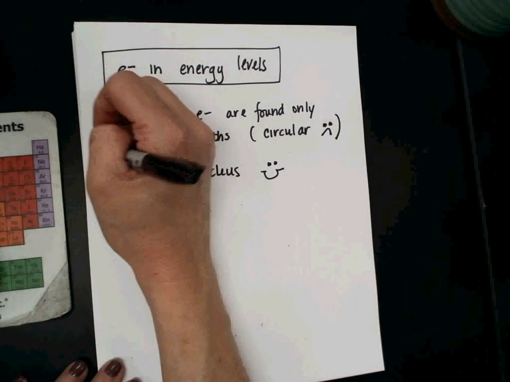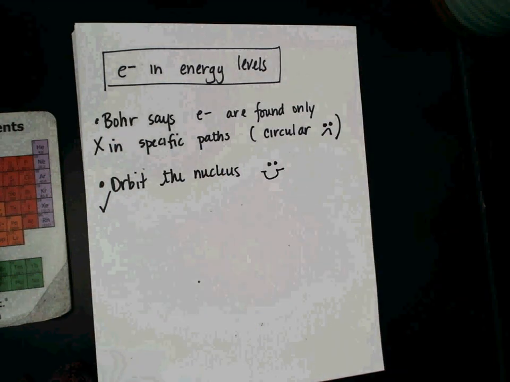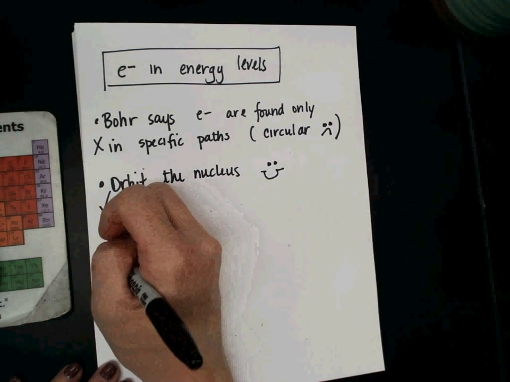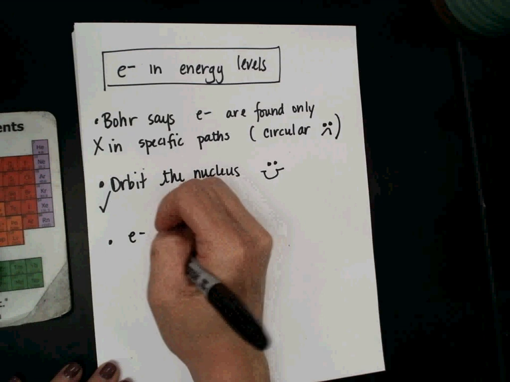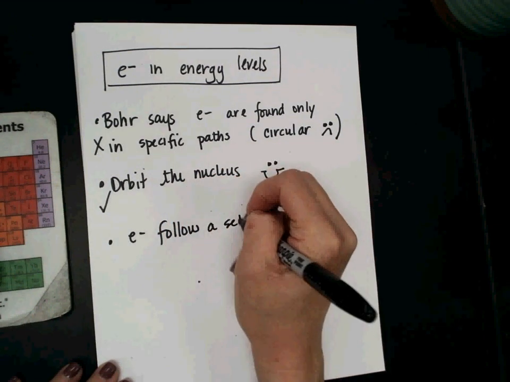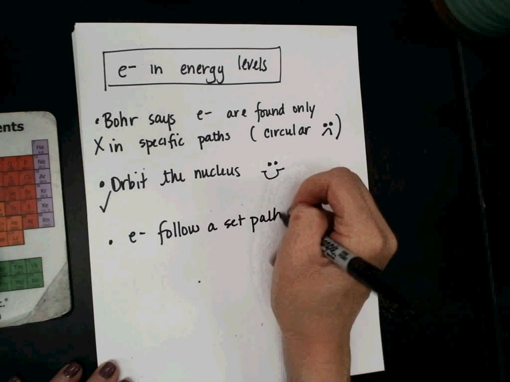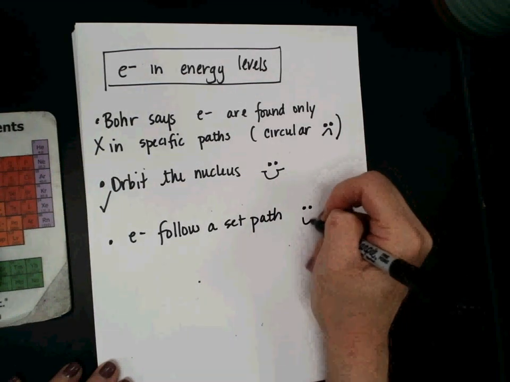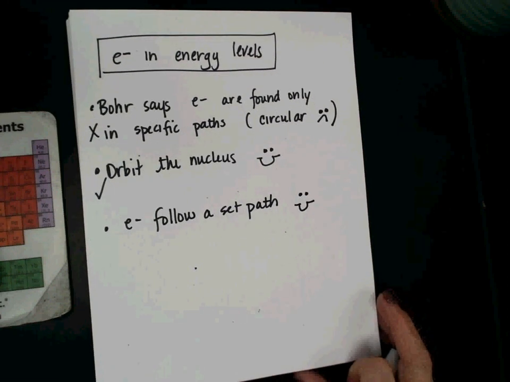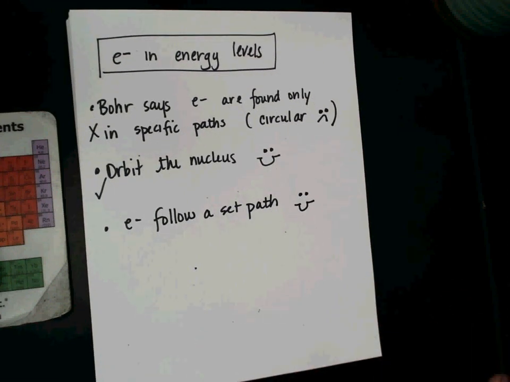So this is an X, this is a check, really, if you think about it that way. He also said electrons follow a set path. That was correct. It wasn't the circular path that he thought once you get past the first energy level, but it was a set path.